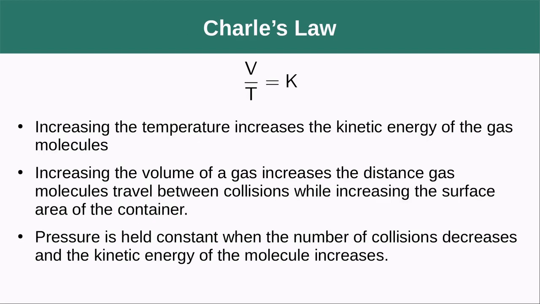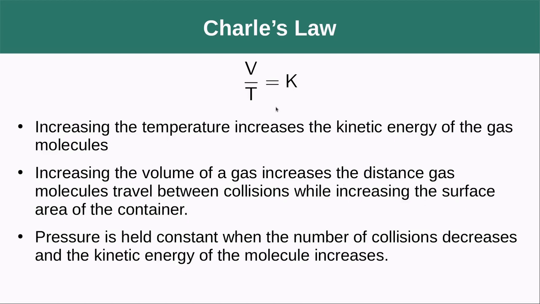With Charles' law, we know that volume and temperature have a direct relationship. So increasing the temperature increases the kinetic energy of the gas molecules. Increasing the volume of the gas increases the distance gas molecules travel between collisions while increasing the surface area of the container. Pressure is held constant when the number of collisions decreases and the kinetic energy of the molecules increases.